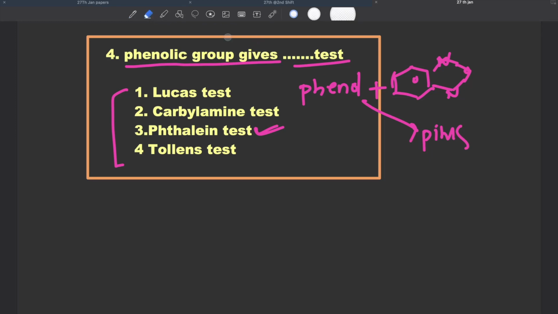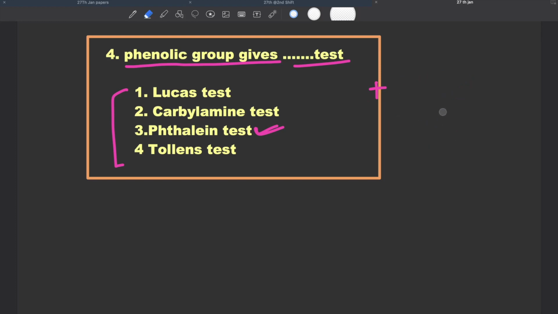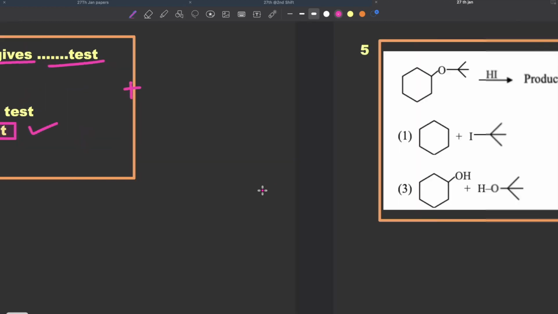So the test is given by phenol with phthalic anhydride to form the phenolphthalein solution, which is pink in color. The answer for this question is the third option. It's the easiest question; by the elimination method you can also do it.